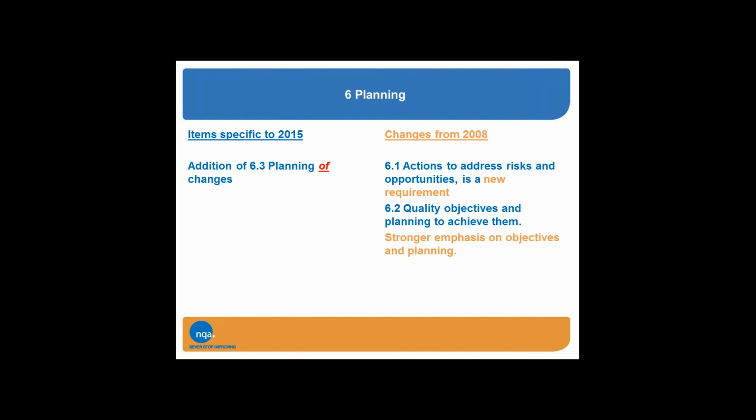And then in the requirement for quality objectives and planning to achieve them, there is stronger emphasis on objectives and planning. Now, the 2008 standard does talk about objectives, but the planning to achieve them, that emphasis is not in 2008. It is very clearly stated in the 2015 standard.